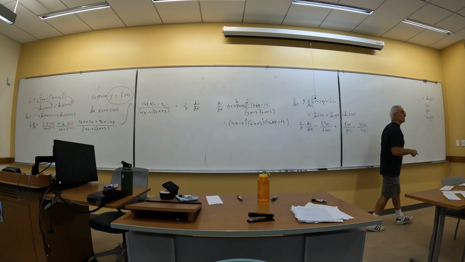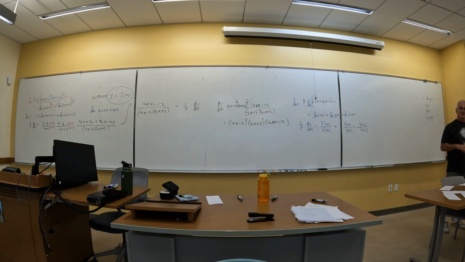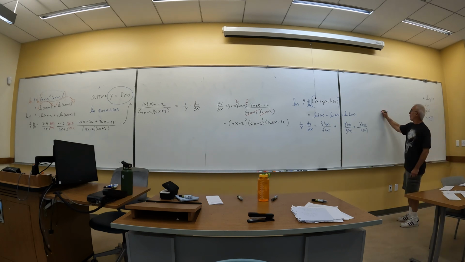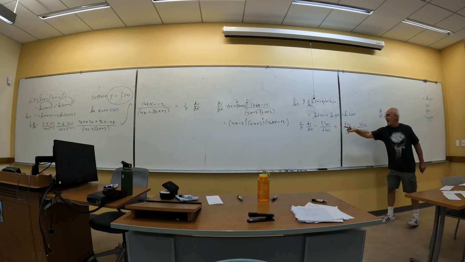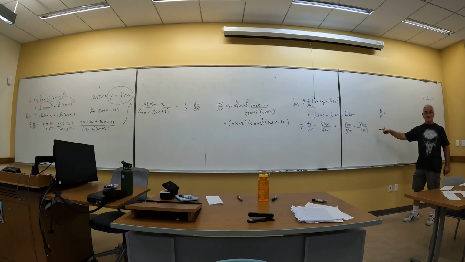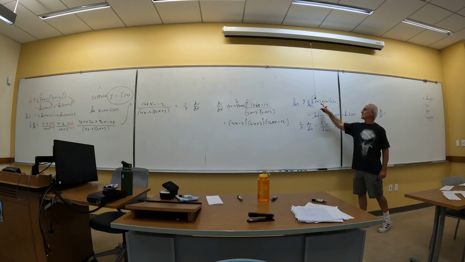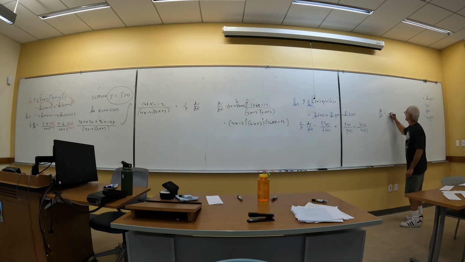And I'm completely finished with the calculus. Did I use any product rules here? No? Ooh. So, what is dy dx? It's y times all of this. Correct? But what's y? Y was f times g times h.